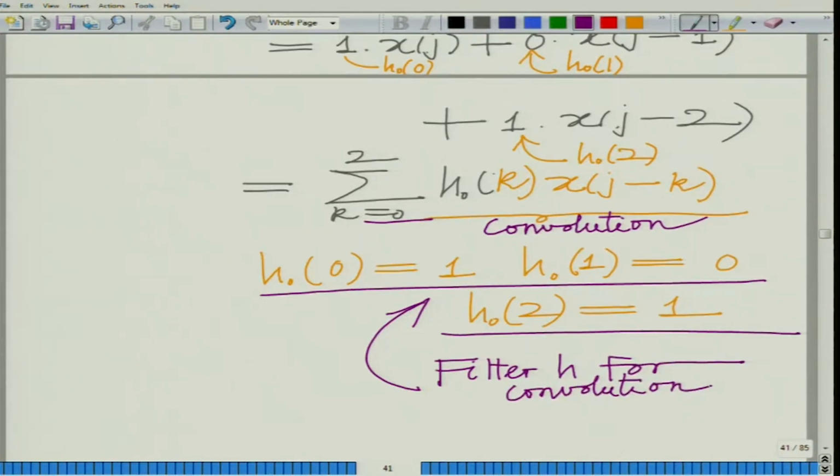This is a convolution, and in fact this is the filter for the convolution. So you can think of the input, the information bit sequence, as being input to this filter H0, with filter coefficients H00 equal to 1, H01 equal to 0, H02 equal to 1. Then the output coded bits are generated by the convolution of this filter with the input information sequence.